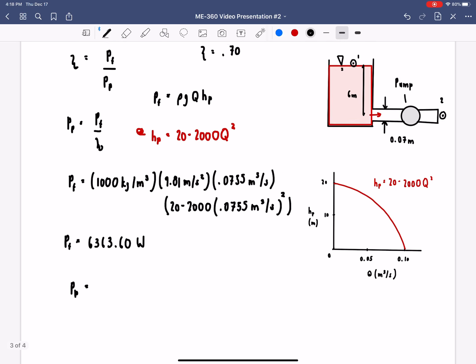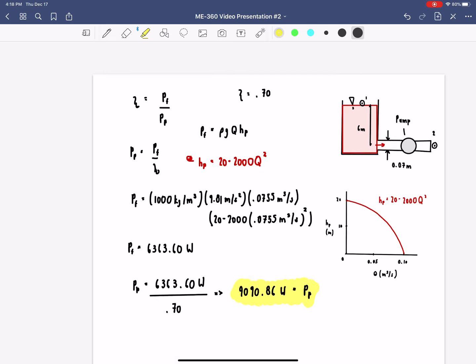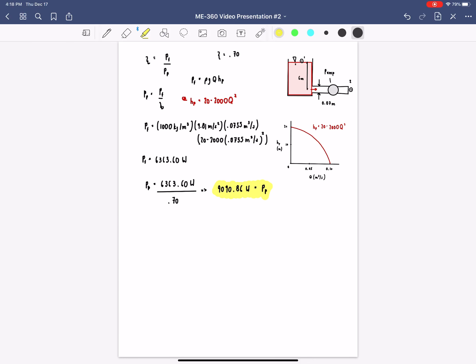So that is equal to 6,363.60 watts divided by our efficiency, 0.70, which is equal to 9,090.86 watts is the power supplied by the pump. And that is this fluids problem.